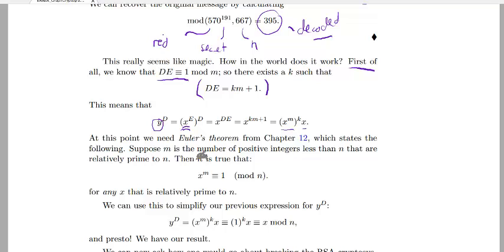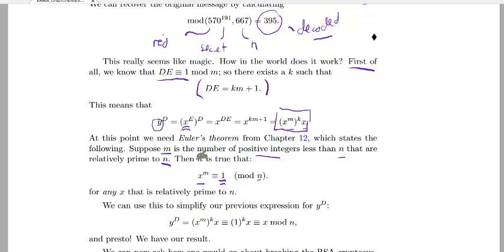Now it turns out there's a very deep and beautiful fact about numbers, that if M is the number of positive integers less than n that are relatively prime to n, then x to the m is congruent to 1 mod n. Okay, so if I take this number here and I find out what it is mod n, well, x to the m is congruent to 1.